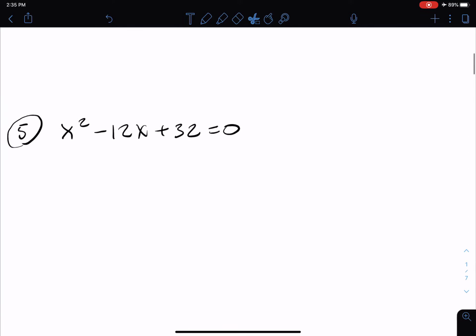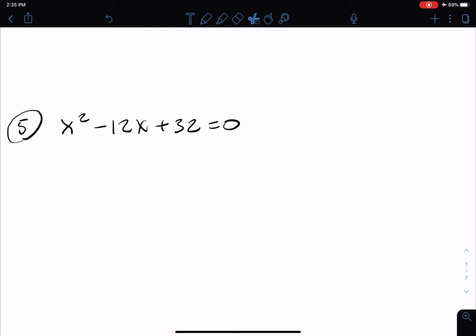Anyhow, if you take a look at this, what this is saying is I'm looking for a number x that when squared, and that same number x is multiplied by negative 12, and then you add those results together, and then you add 32, you get 0.